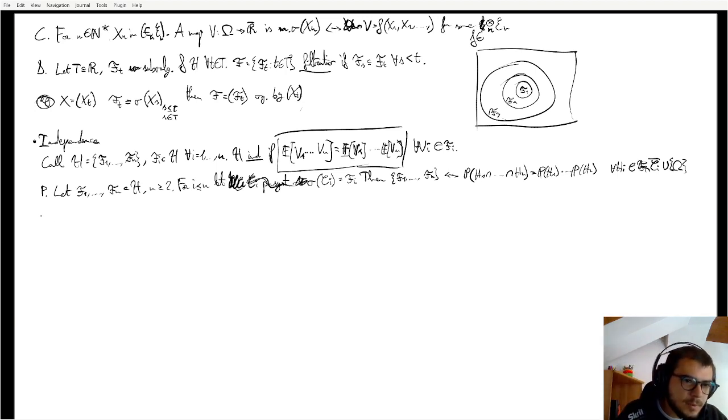And one important proposition is that every partition of an independency is an independency. How can I summarize this?